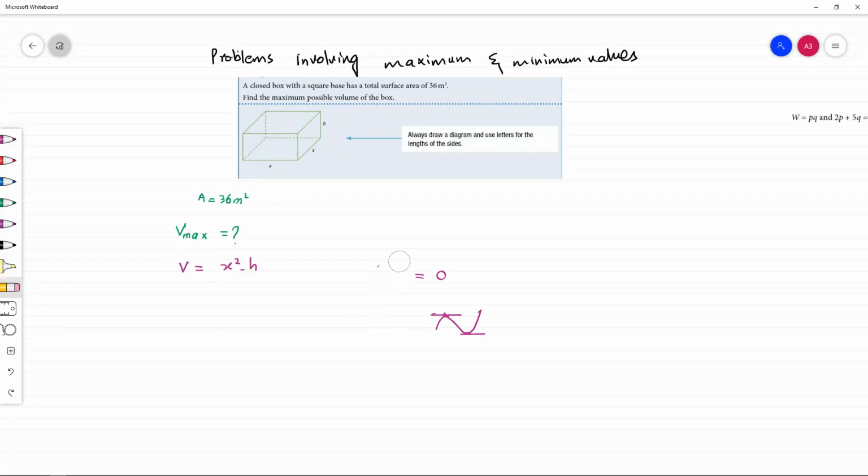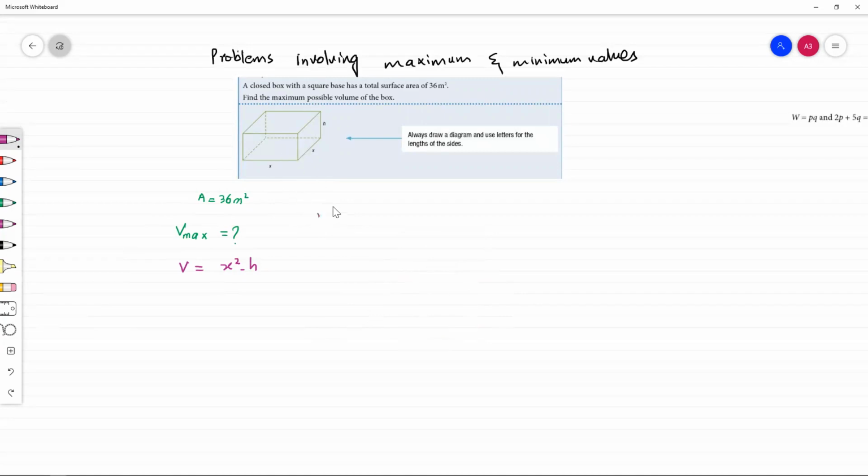Let's look at how to solve this type of question. Remember one thing: because we are given the area, what should be the entire surface area of this box? Because it is a closed box, it has 6 sides.